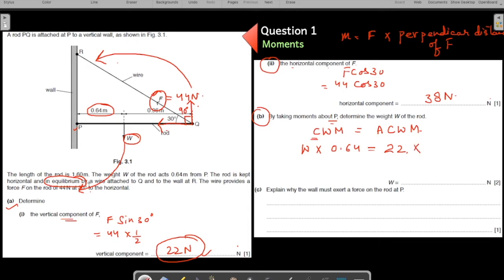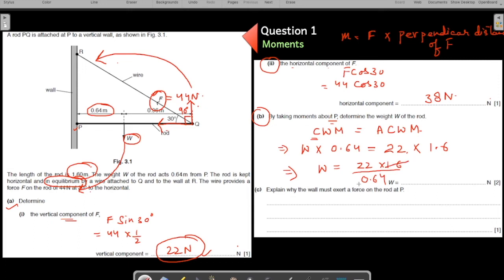What is its total distance? The total length of the rod, which is given in the question as 1.6. Now solve this question. Solve for the missing variable, which is the only variable W, and you should be getting your answer. Do it on your calculators. Even if you want, you do not even need a calculator.